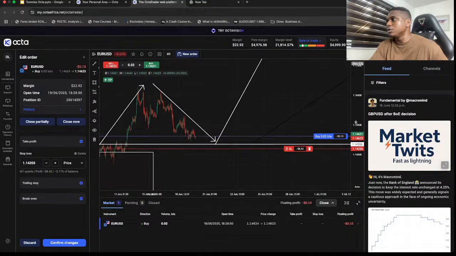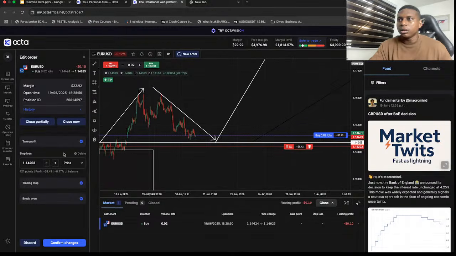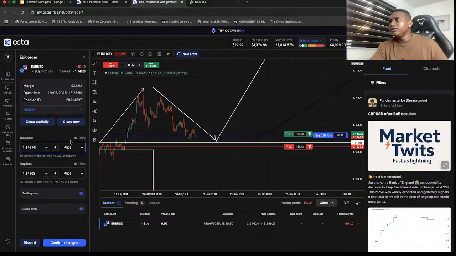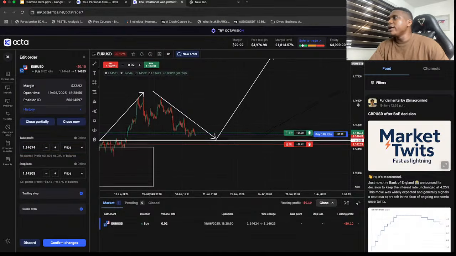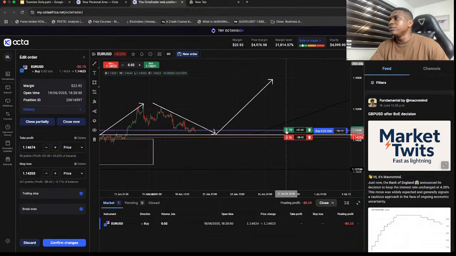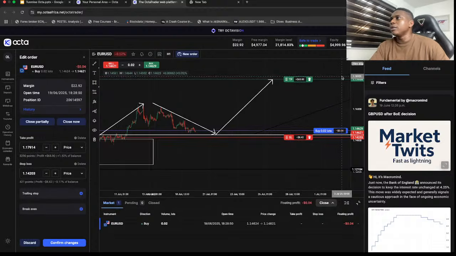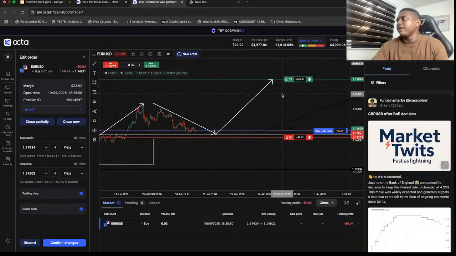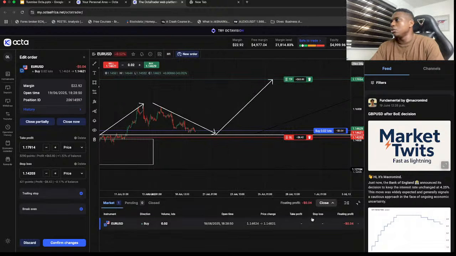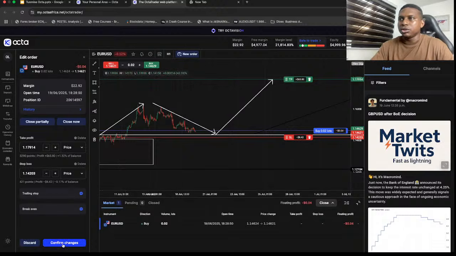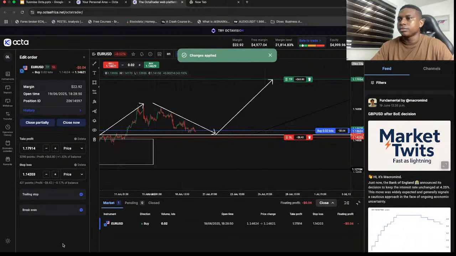And if this trade goes my way, my target level is here, and I would be making $65. So I'm just going to set and confirm my changes.